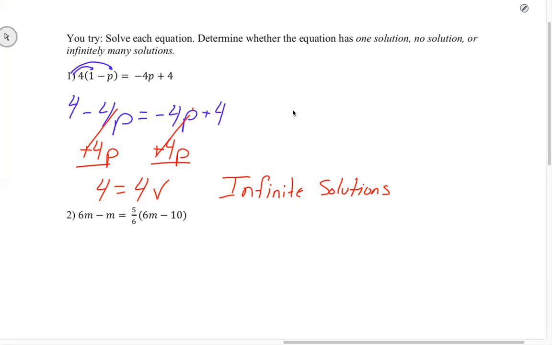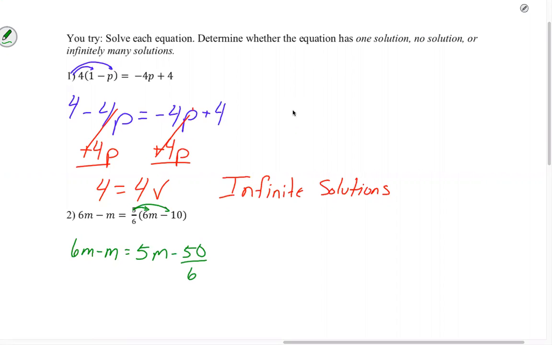Now, in number 2, well, I'm going to distribute that 5/6. So I have 6m minus m equals 5 times 6 is 30, divided by 6 is 5. Could have looked at that as 6 divided by 6 is 1 times 5, but I looked at it that way. 5 times 10 is 50, divided by 6, I don't know what that is off the top of my head.